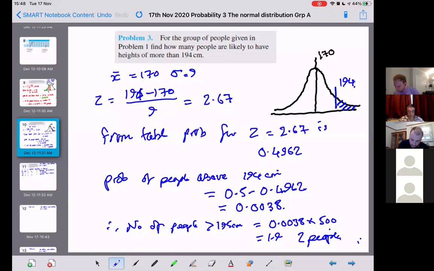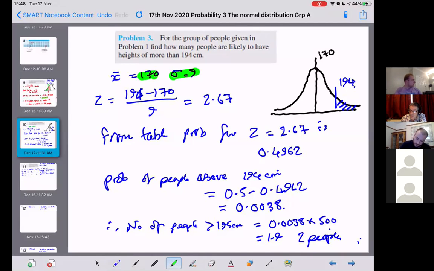Okay, just for the video, summarizing problem 3: group of people given in problem 1, find how many people are likely to have heights of more than 194 centimeters. So the mean was the same as before, 170. Standard deviation is 9 centimeters.